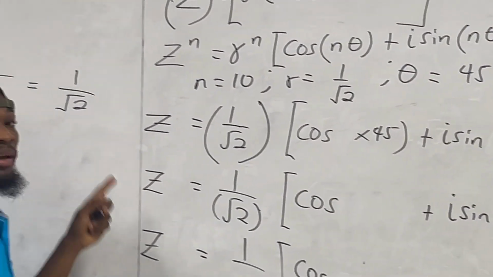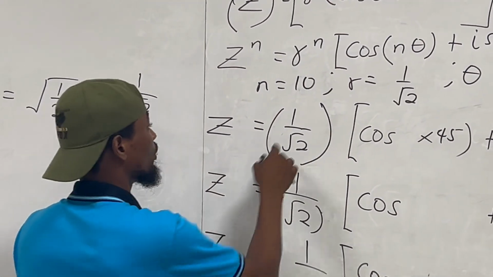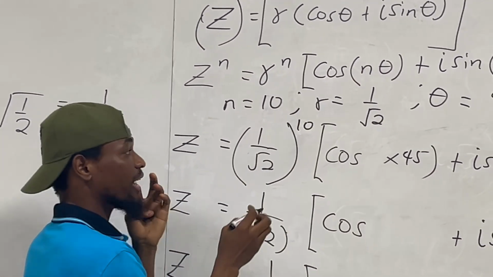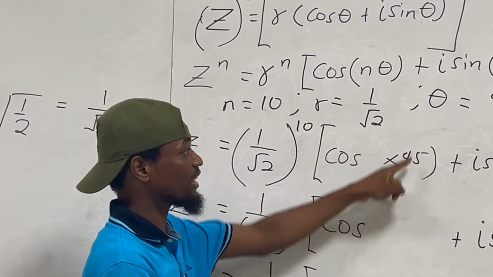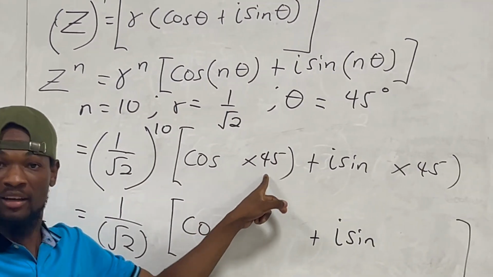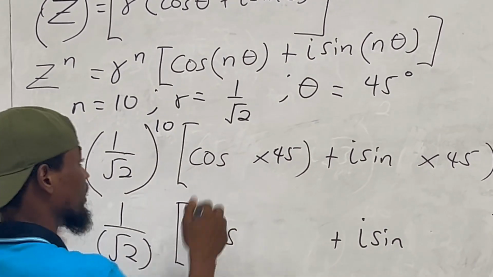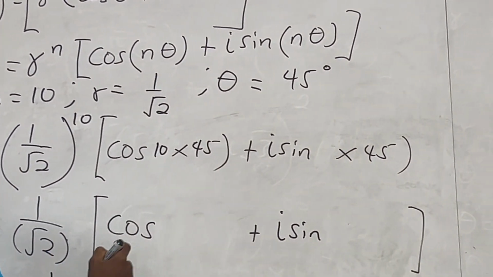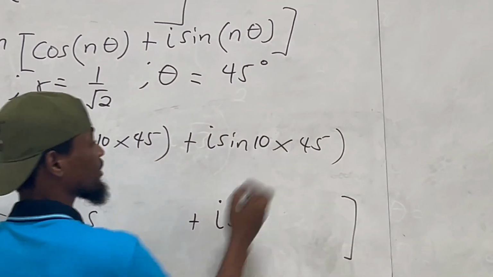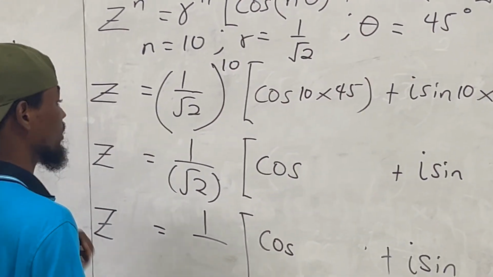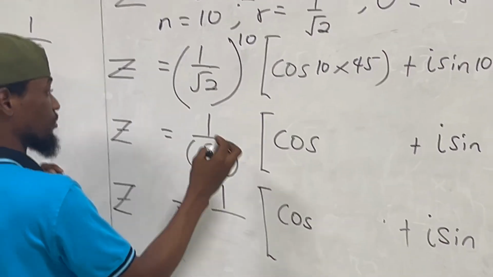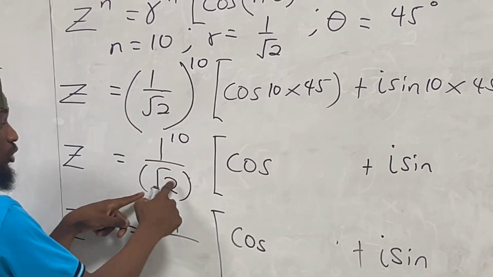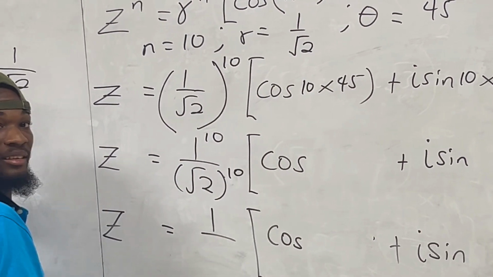So when we apply De Moivre's theorem here, the modulus is raised to that power, which is 10. Then this power 10 multiplies the angle we found, so we have 10 times 45. So this is the same as 1 to the power 10 over square root of 2 to the power 10.